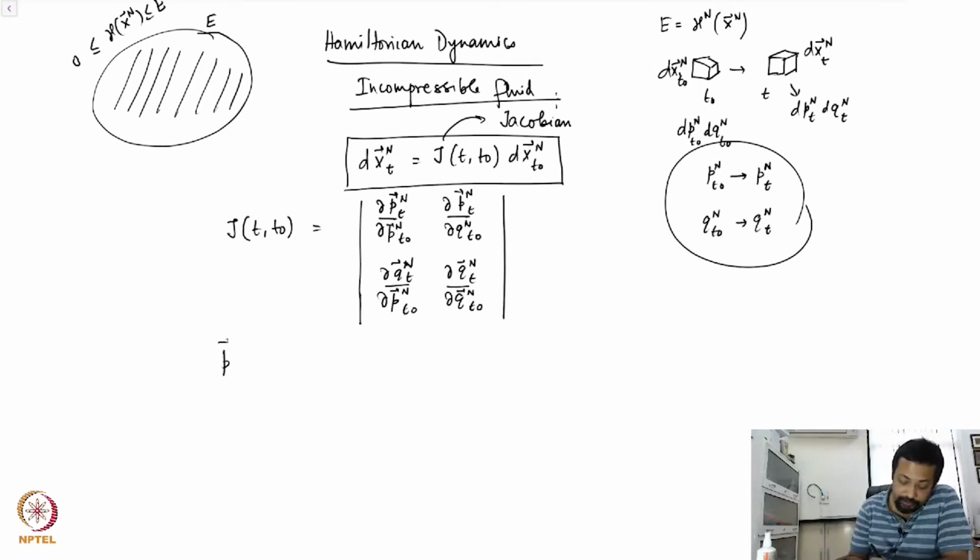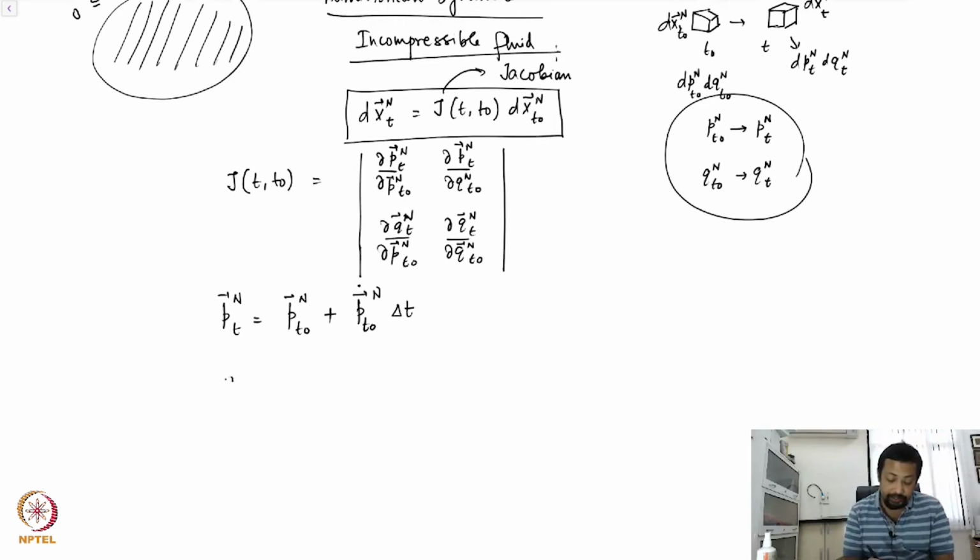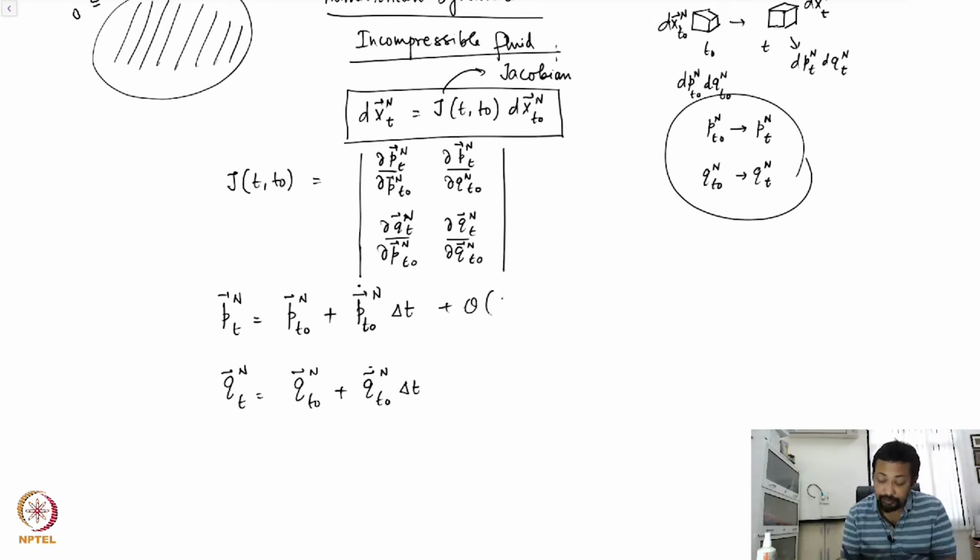But let's write down the equation for PN(t), which is PN(t0) plus Ṗ N(t0) delta t plus higher order terms, and QN(t) is QN(t0) plus Q̇N(t0) delta t, plus of course higher order terms, which is delta t squared over here, right?